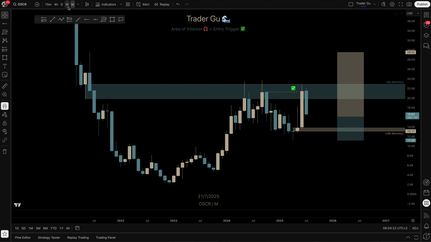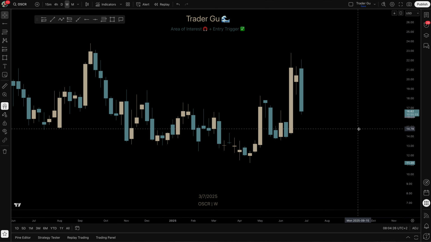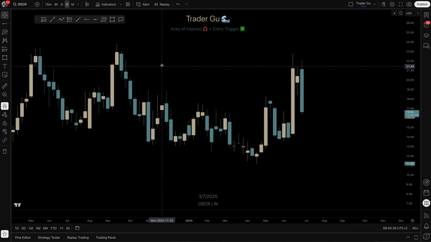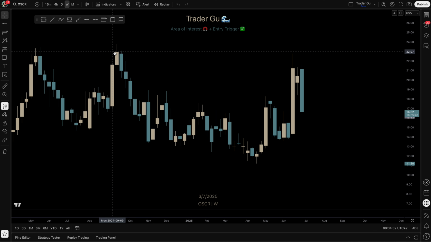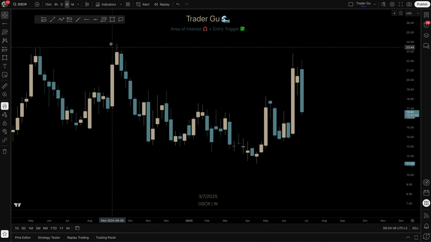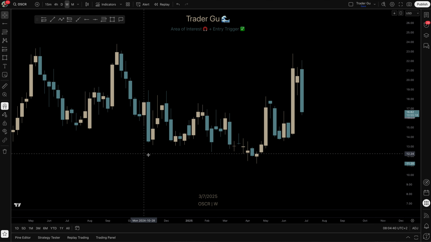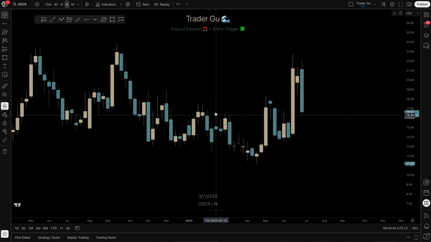Okay, let's go to the weekly time frame. And here again, we can see that we have had a bearish market structure since September, October last year. So lower low, lower high, lower low, lower high, lower low, lower high.